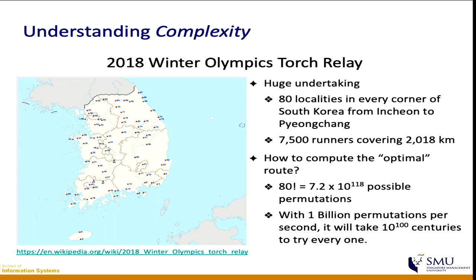Now, this is another example. Every Olympics, we have the torch relay. The idea is to make a certain route where there are different runners, and the different runners are going to pass the torch to one another. Now, these are going to involve a lot of different places. In the most recent case, which is the Winter Olympics, they want to visit 80 localities. 80 localities means that there are going to be 80 factorial different permutations in which we can visit the different places.